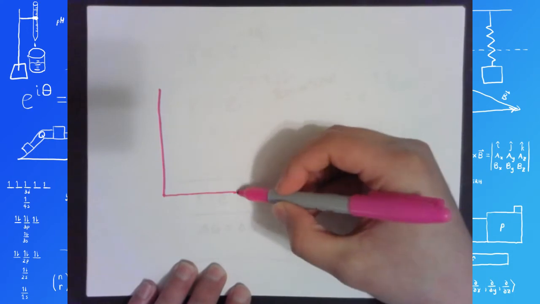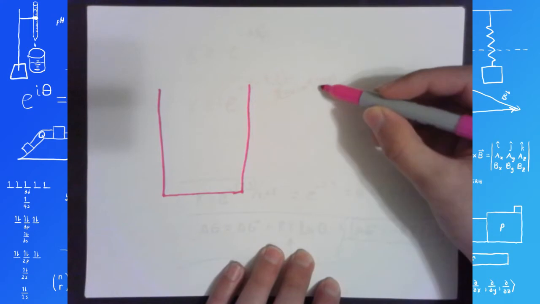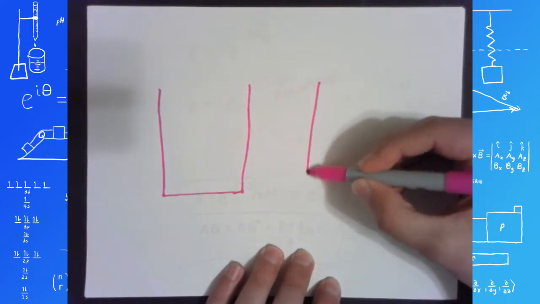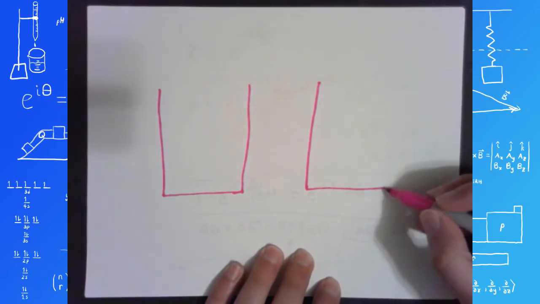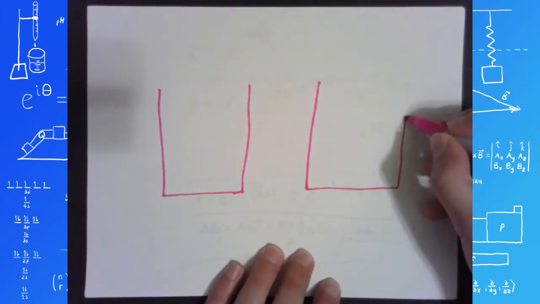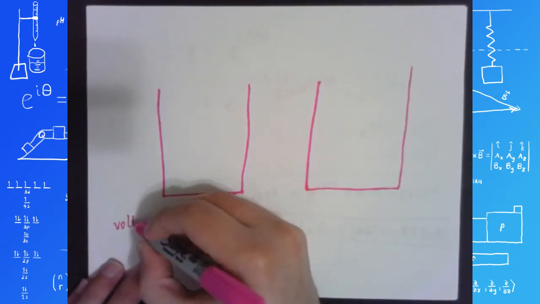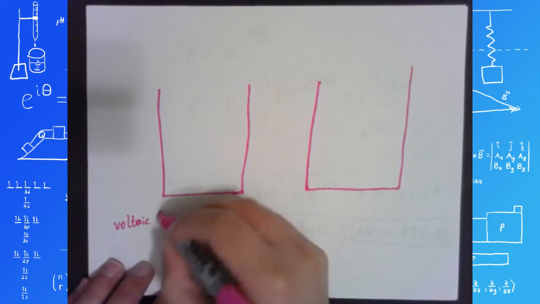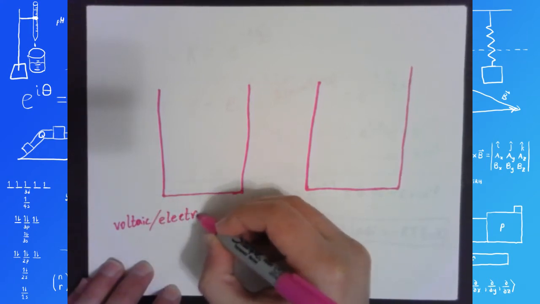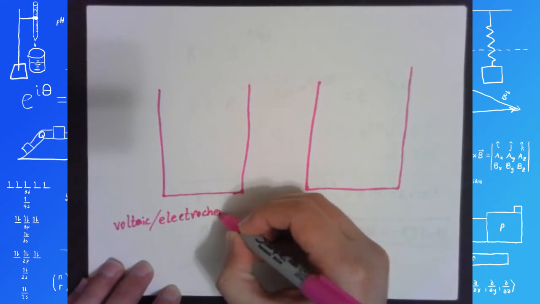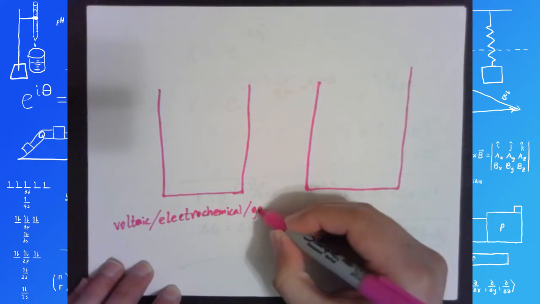In electrochemistry, you're going to need to understand what an electrochemical cell is. It can also be called a voltaic cell or a galvanic cell. Voltaic, electrochemical, or galvanic cell.